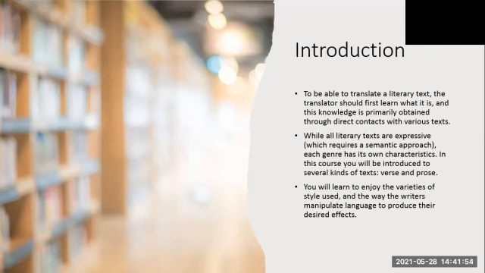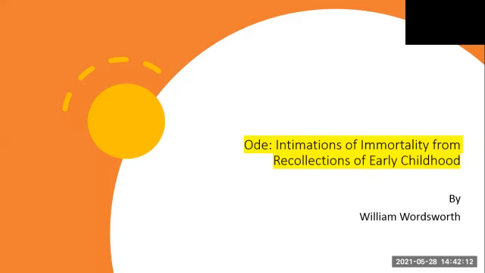with the thing that you have done perhaps in level 1 before, and this is poetry. We can do a poem together today, of course not all of it, part of it, and it's there in your book. It is an ode, Intimations of Immortality from Recollections of Early Childhood by William Wordsworth.